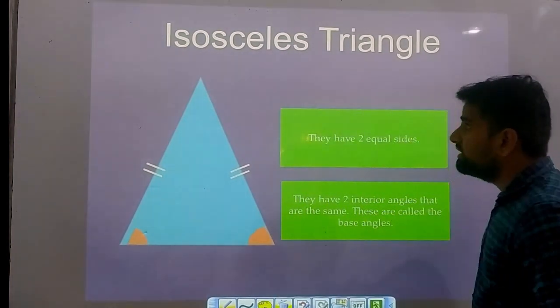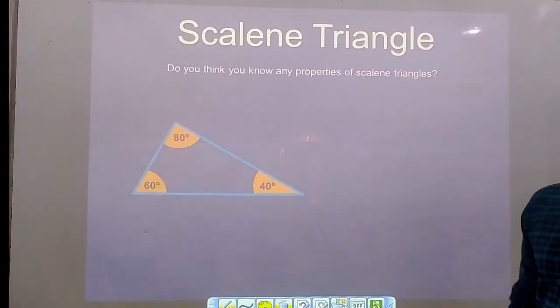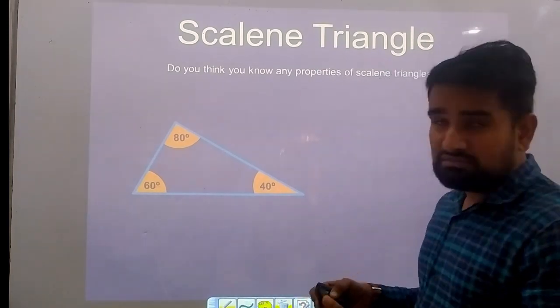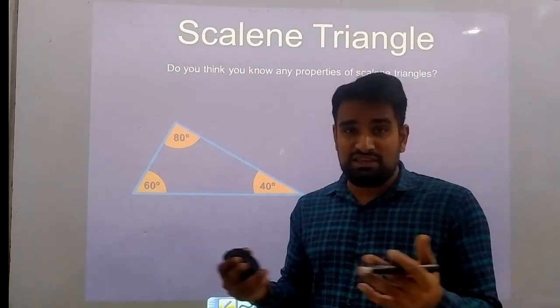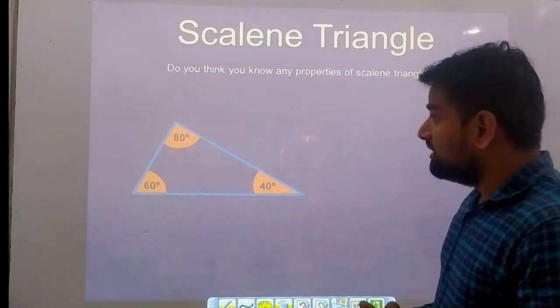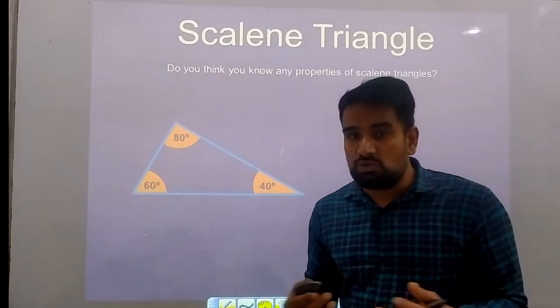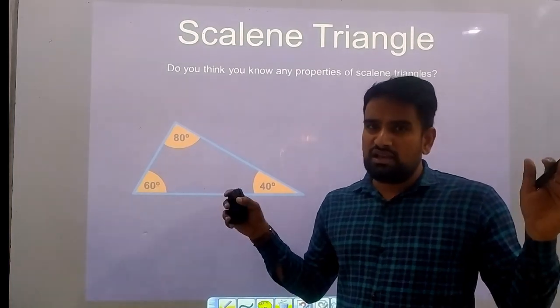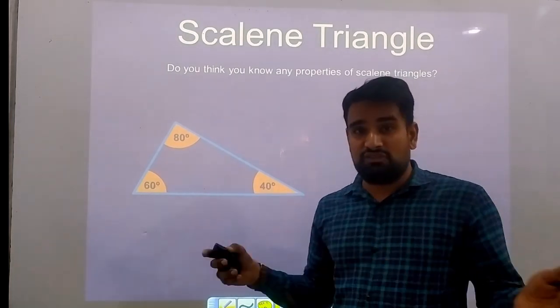Okay, let's move ahead and do the third type of triangle. It's a very common triangle. In nature, you can easily see these kinds of structures, right? Scalene triangle. Okay, so in a scalene triangle, all the 3 sides are not equal to each other, and all 3 interior angles are different too.